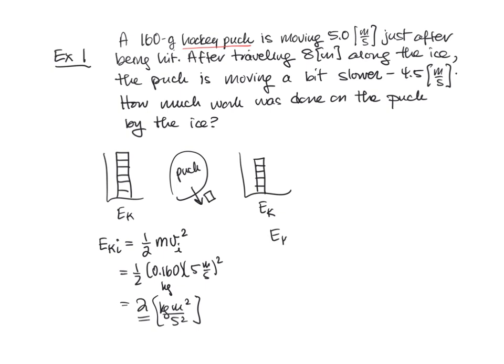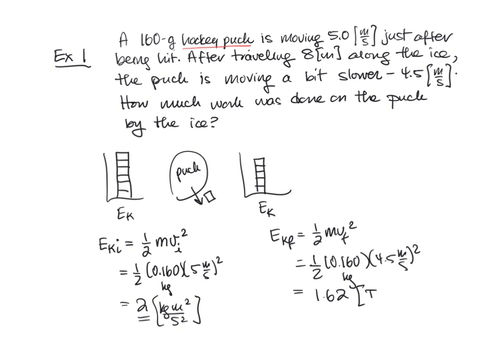At the end, with a slightly slower speed, that works out to be 1.62 joules. Our energy in the beginning plus the work done on the system is equal to the energy the system has at the end, which means if we want to solve for the work done on the system, we get that by itself.